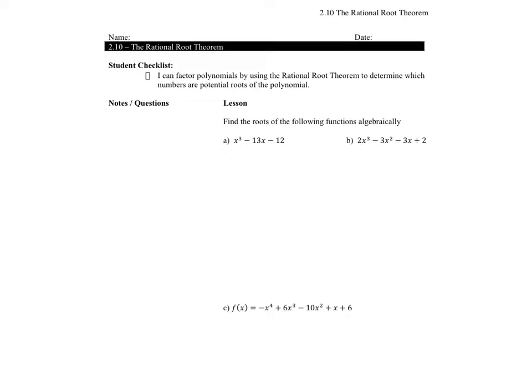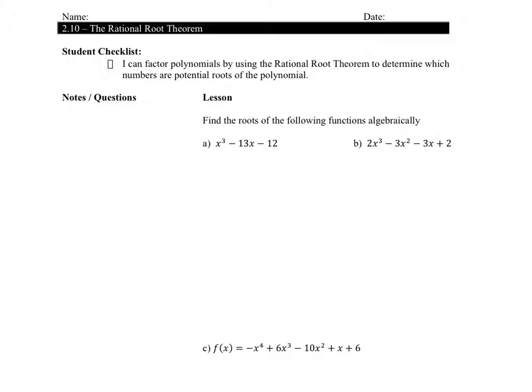So the checklist here says that you're going to be able to factor polynomials by using this new theorem, the rational root theorem, to determine which numbers are potential roots of the polynomial. So the reason we need this is, in the past, let's just take a look at letter A real quick. In the past, I might give you something like this, and I would say, find all the roots.